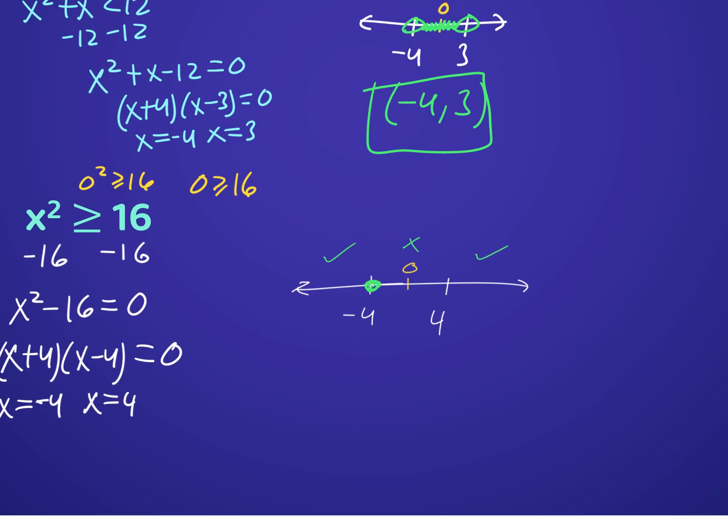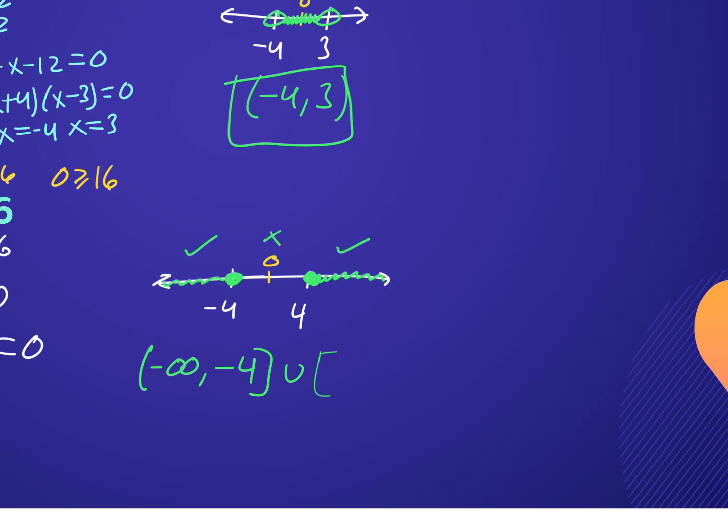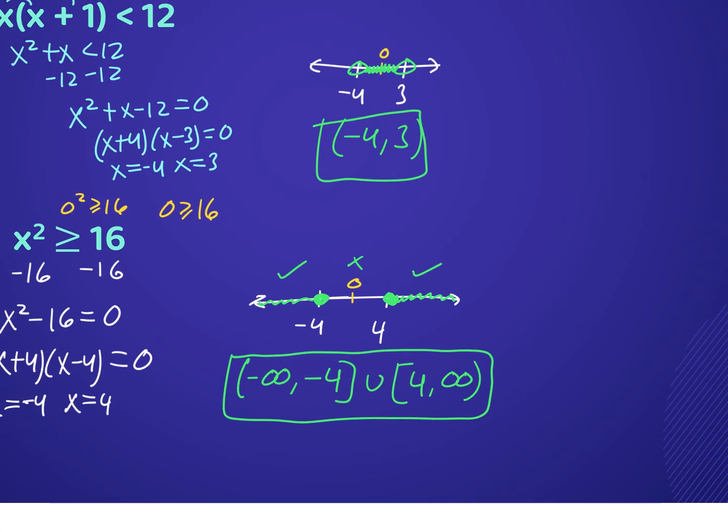Because it's with equality, I'm going to put a closed circle and then shade on the outsides. So my answer in interval notation from left to right would be from -∞ to -4 with a bracket, all right, a little union. Another bracket from 4 to infinity. And then that's your answer in interval notation.